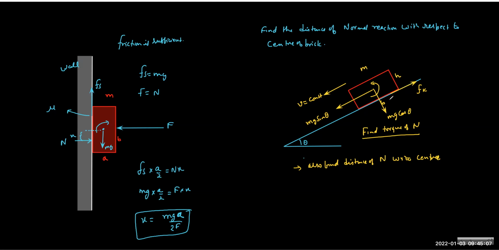So if we assume that the normal is acting exactly at the center, the block must topple on the surface. So to prevent this torque, the normal must create a clockwise torque to balance it. And for that reason, the normal must be acting somewhere below the center.